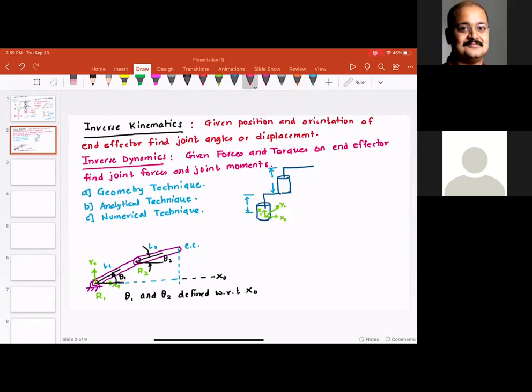Now, the alternate representation is also possible. If you look at the kinematic diagram, we always say this is theta 1, and we always say this is theta 2. So I can construct this robot something like this, and there is a subtle difference. I want you to follow this.